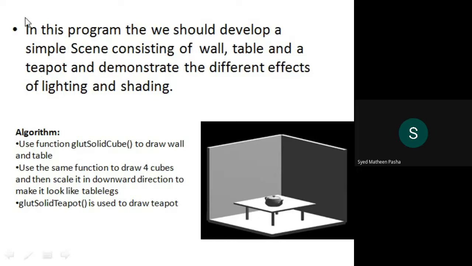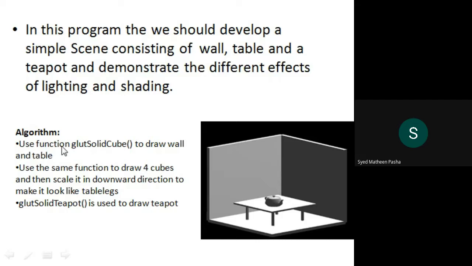Once you draw the wall, table as well as a teapot, you need to demonstrate the different effects of lighting as well as shading. That is, you should demonstrate different coloring of the particular objects represented in the scene. So this is the flow of the algorithm.